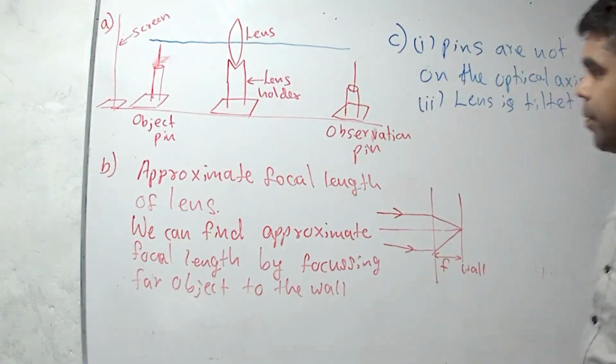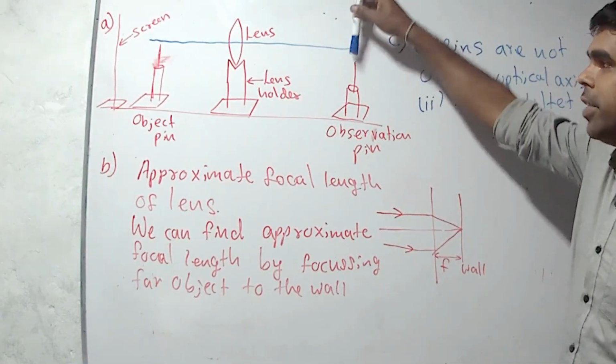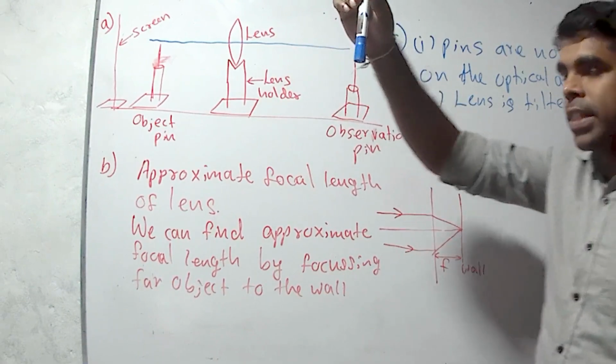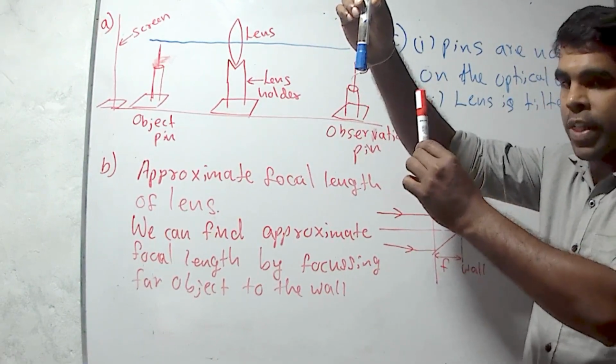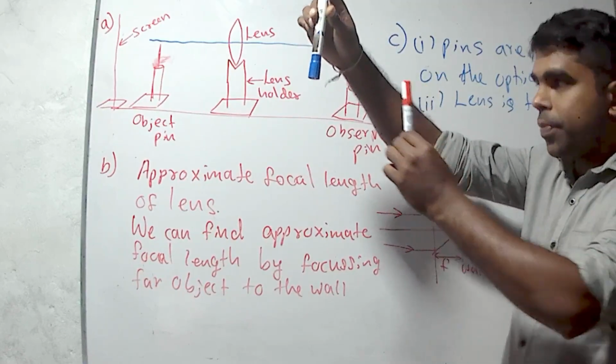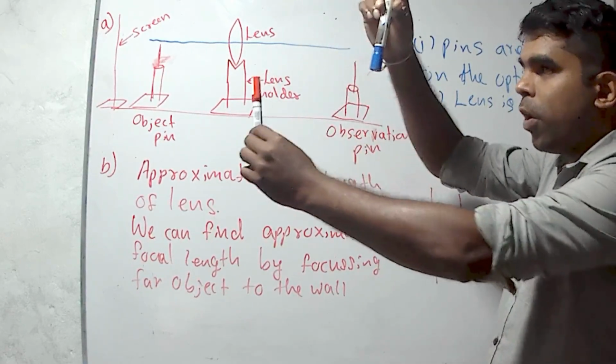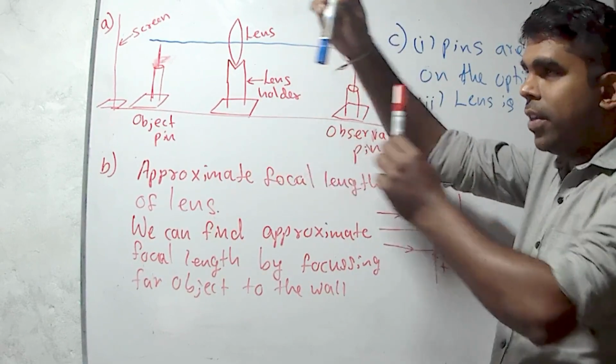We can see an image formed by the lens. I will consider it as this one. And this one is the observation pin. We have to move the observation pin along this axis.